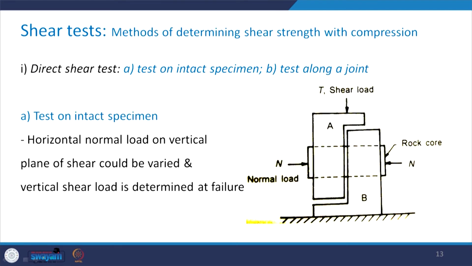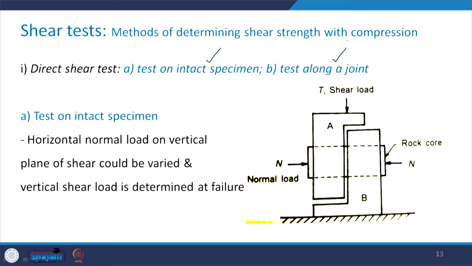Take a look, we have many methods in this. First one is the direct shear test, and this test can be conducted either on the intact specimen, and it can also be conducted along a joint. So, first we will take the first category, that is test on the intact specimen.